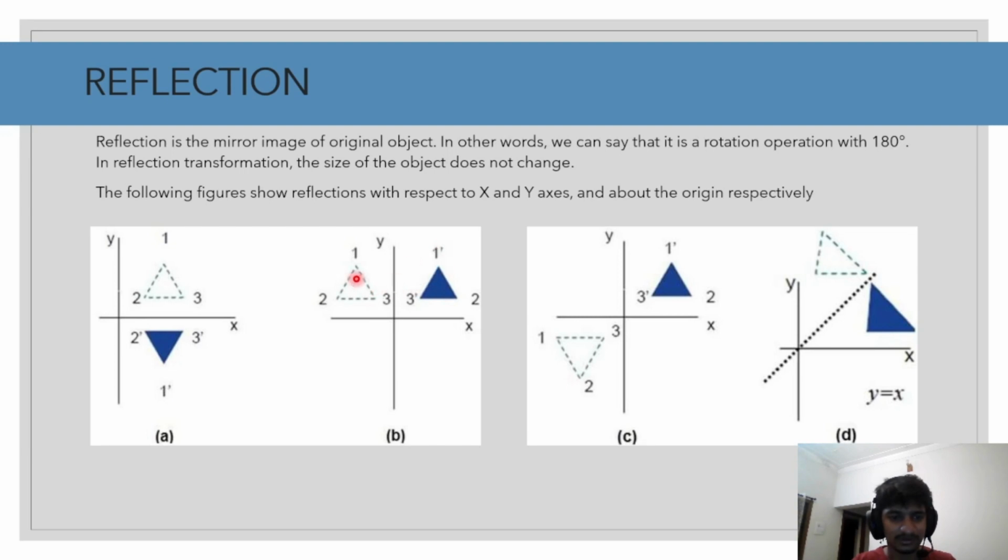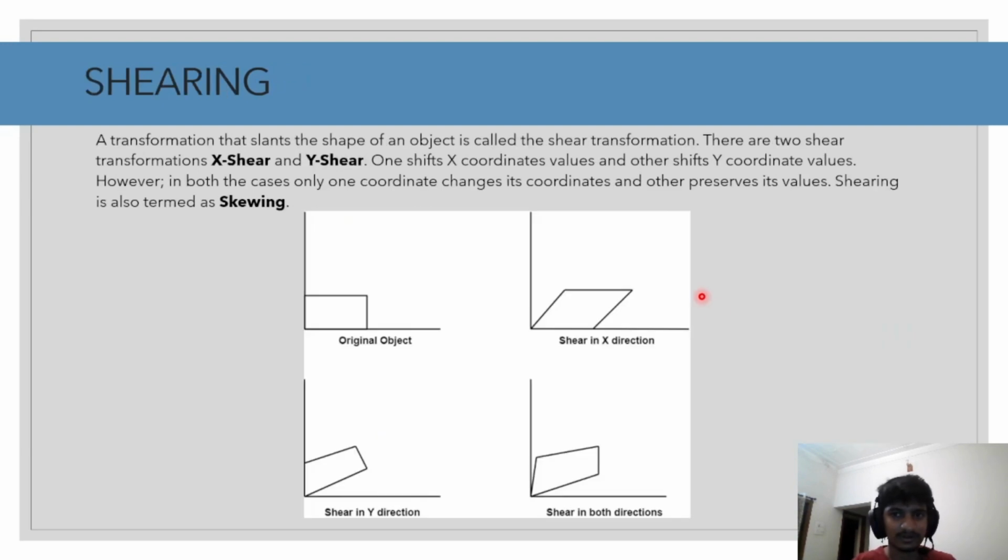This is 1 2 3 and 1 dash 2 dash 3 dash, the original object is a triangle, and the reflected one is 1 dash 2 dash 3 dash. This is along both x and y axes, and this is reflection along an axis, that is the given line. In reflection the size does not change, that is important.